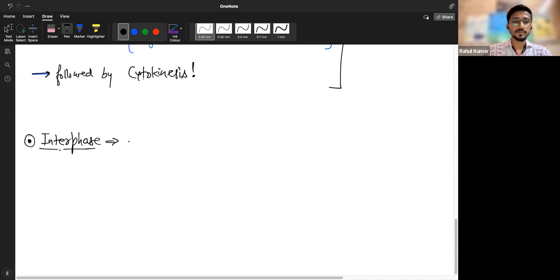So similarly, interphase is called the resting phase, but the cell is actually preparing. Write down.